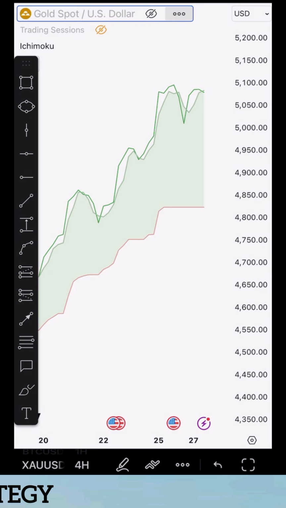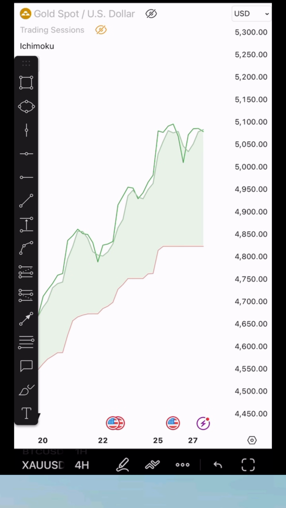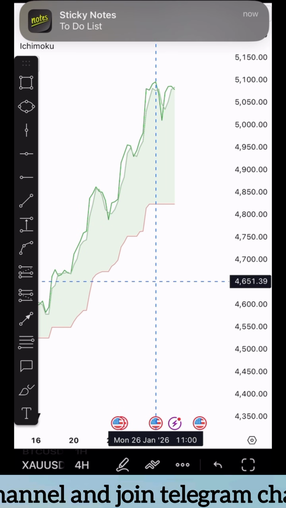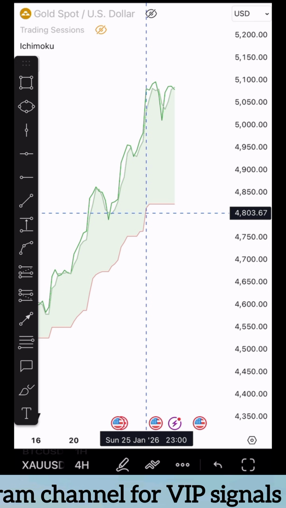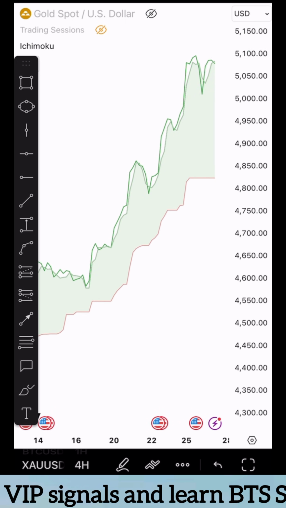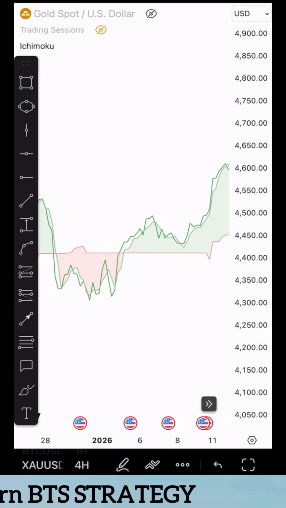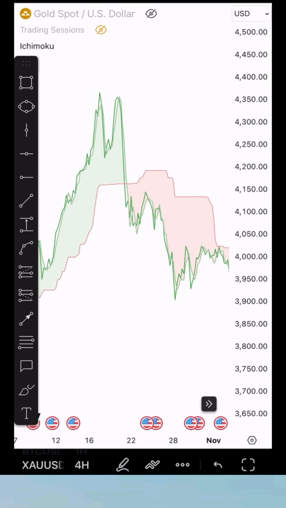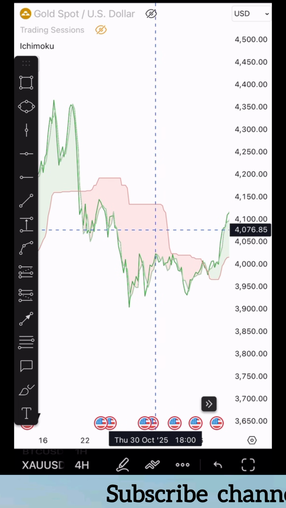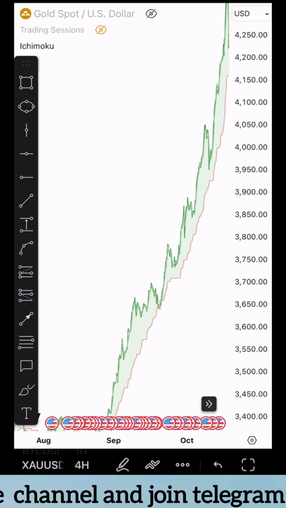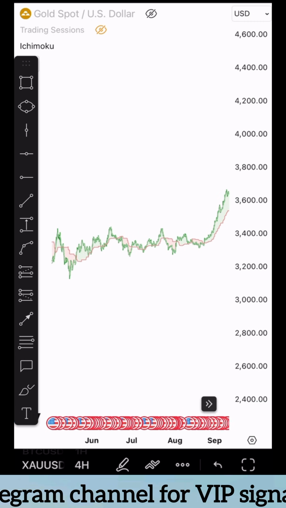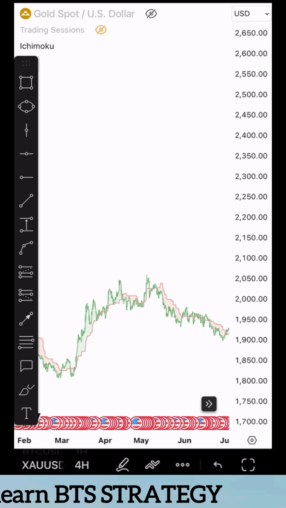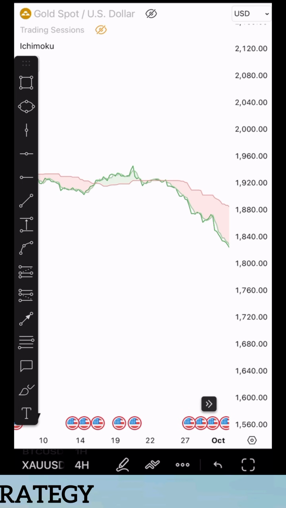I'll just hide the price, so I can explain to you just the cloud and the indicator. The bullish cloud represents a bullish trend, and the bearish cloud represents a bearish trend. Gold obviously has been bullish for some time now, and red represents the bearish trend.